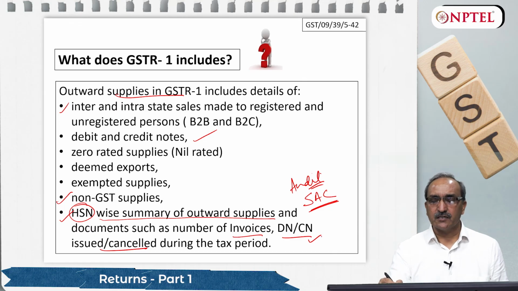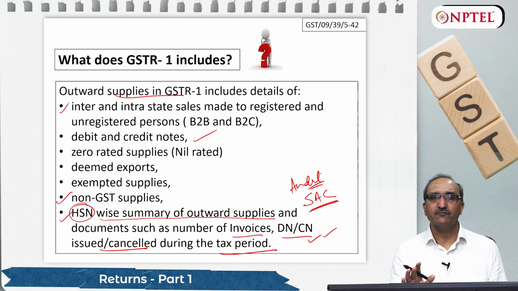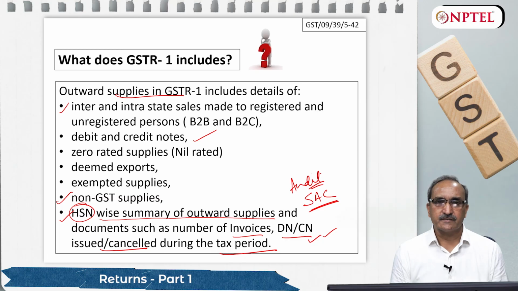Similarly, the impact of debit notes, which increase your turnover, and credit notes, which reduce your turnover, will be considered in your total turnover, so that there is no ambiguity in record maintenance, with total transparency and accurate calculation of tax liability for that particular tax period, meaning July, the particular month for which we are filing our GSTR 1.